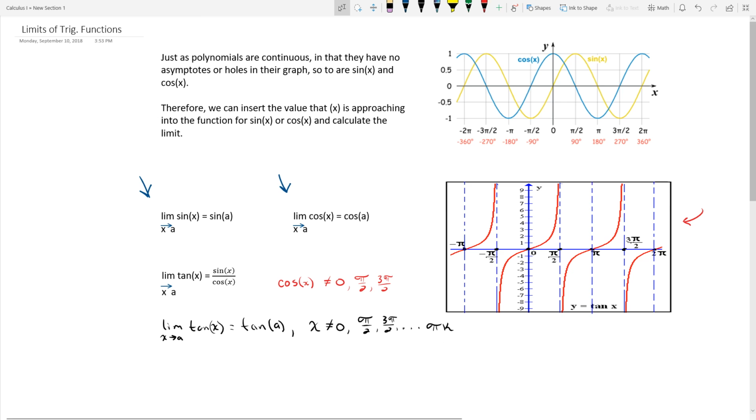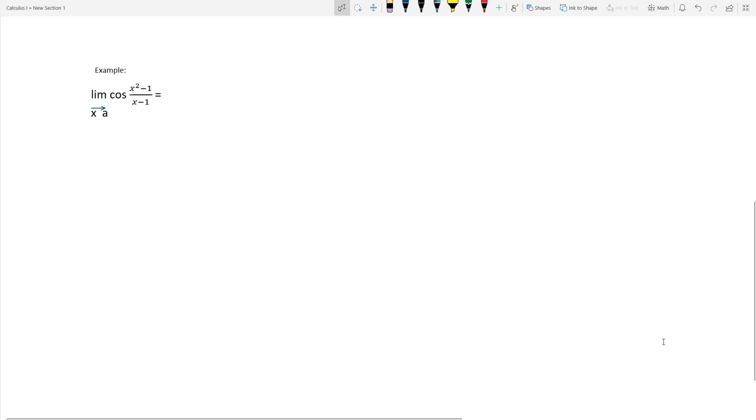So let's take a look at an example. In this example, we're going to first start with a basic limit as x approaches, and let's eliminate that a. That's actually supposed to be 1. So let's do that real quick. And we're going to learn that there is one more property, which in this case is going to be the opposite of composition.